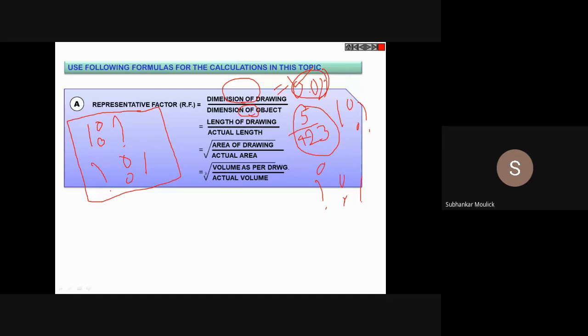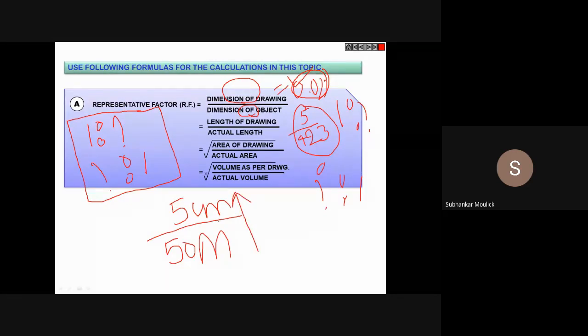Why am I telling you 1 is to something and something is to 1? If the dimension of the object is 50 meter, definitely a 50 meter object you cannot draw, but you can draw this 50 meter object by taking a 5 centimeter line. That means you are decreasing the dimension.